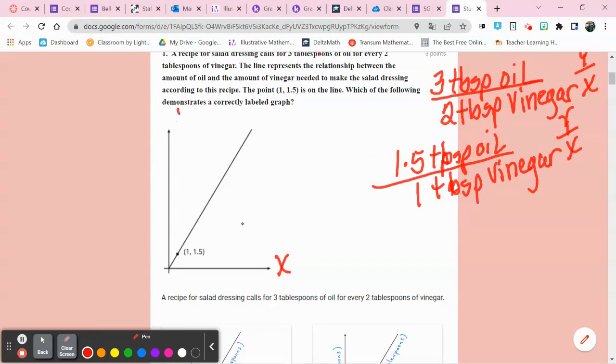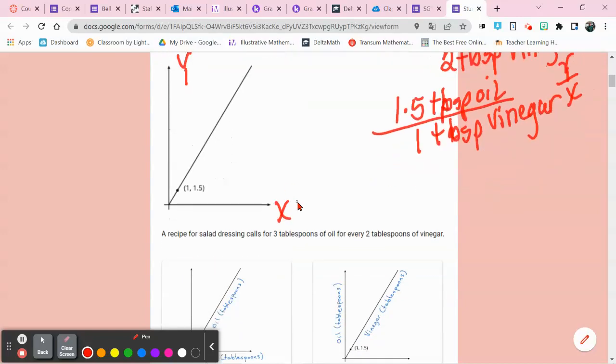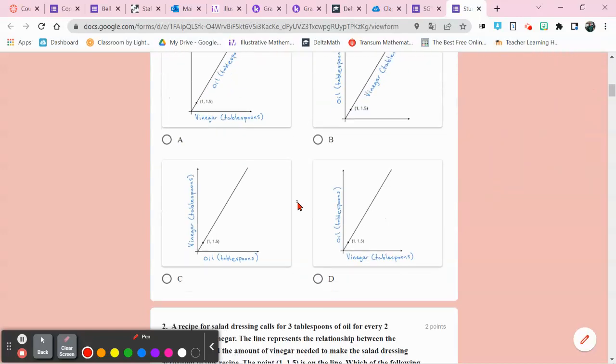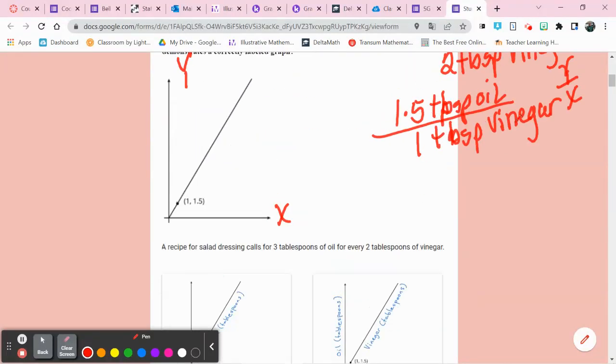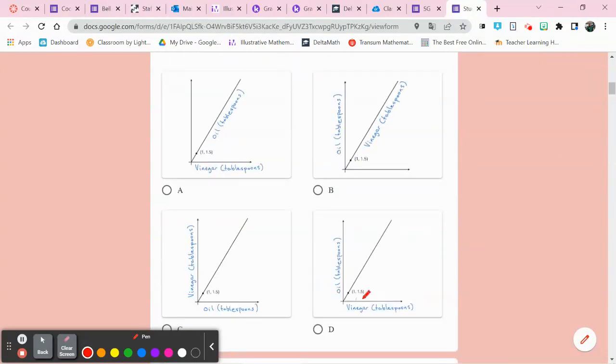This is your y. Always remember that because y is an up and down line. So we need x to be vinegar, because remember, up here, x was vinegar, y was oil. So you found the correctly labeled graph, which is B.